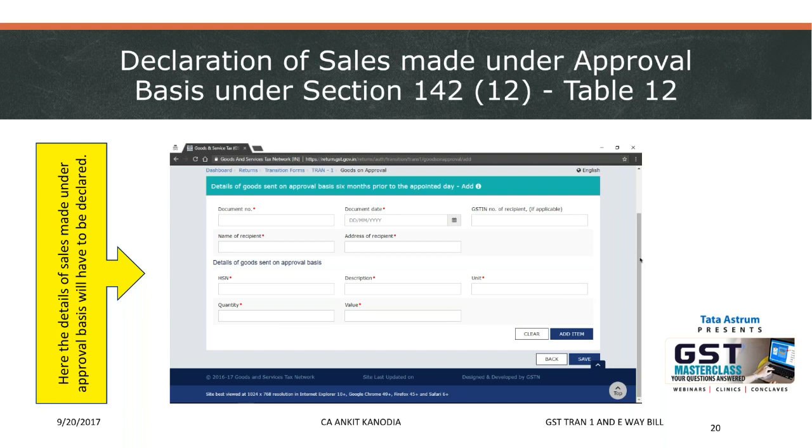In that case, if you are trying to carry forward your CENVAT credit of excise duty into the GST regime, the system will not allow you to do so, because the system will show an error stating this excise number is invalid. The reason of it being invalid is you have not filled the same excise number during the time of migration, so the system cannot know whether this is your excise number or not.